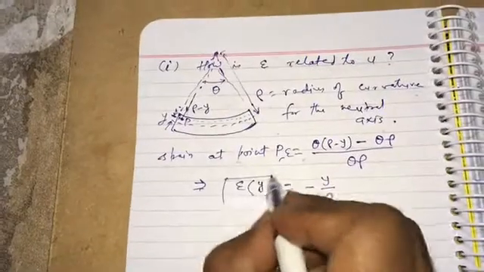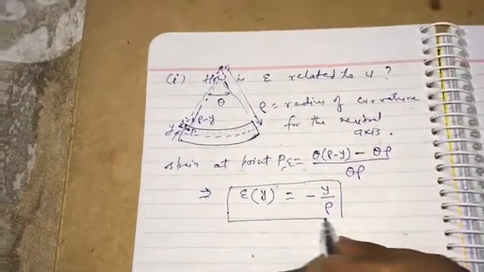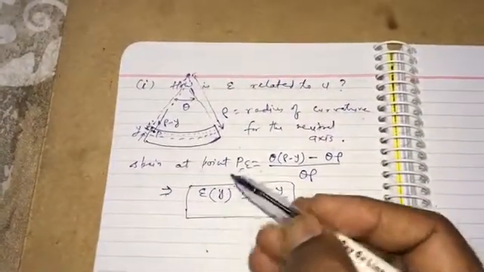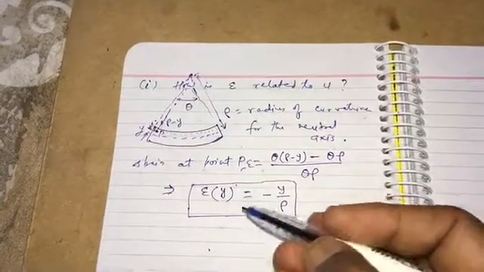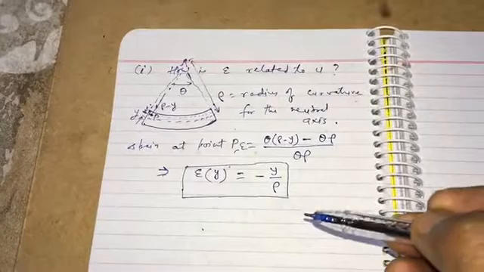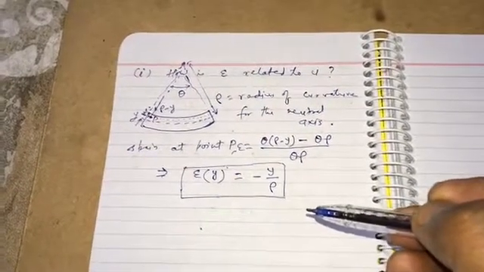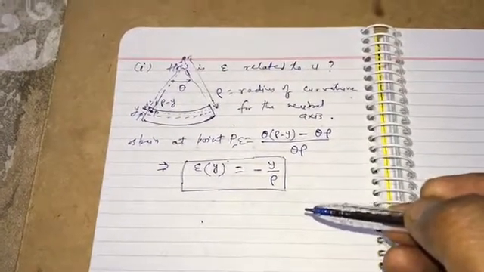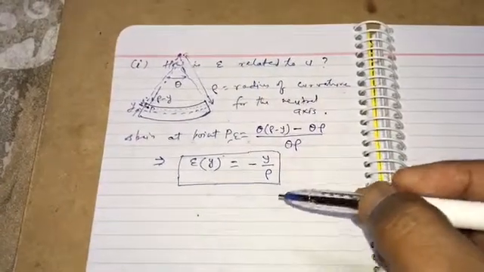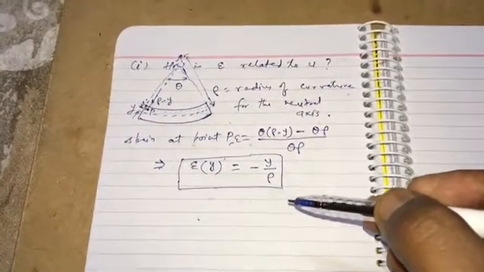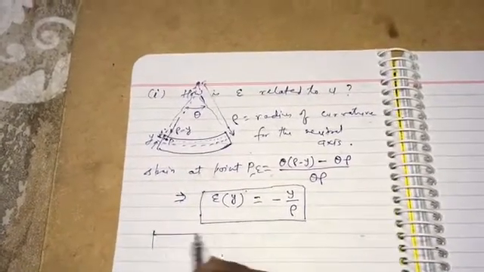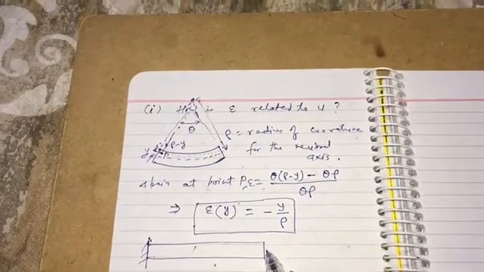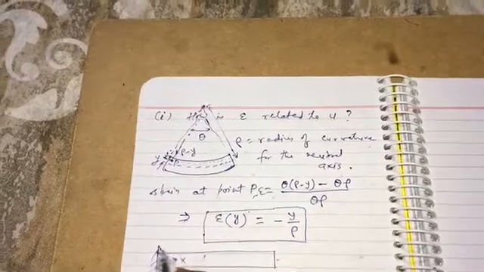So what does it tell you? This tells you how the strain is related to y. Still, this has not given us how the strain relates to u as yet, but it tells us how the strain relates to y. If there is a beam like this one, and it is bent, then our x goes like this and y is like this.